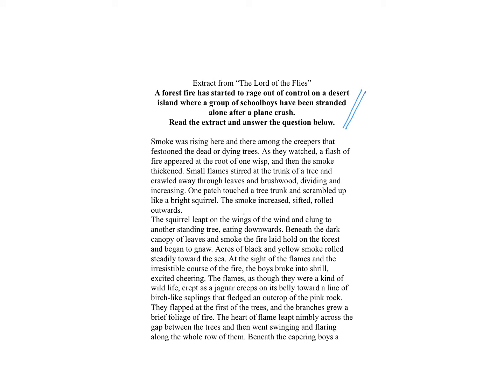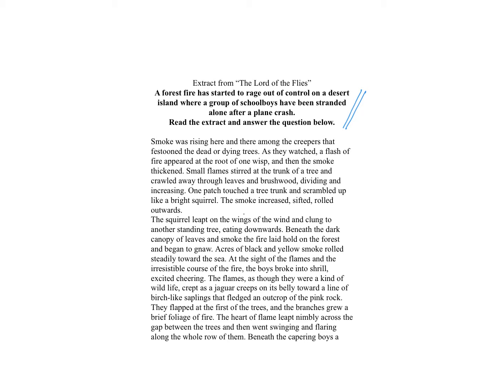Smoke was rising here and there among the creepers that festooned the dead or dying trees. As they watched, a flash of fire appeared at the root of one wisp, and then the smoke thickened. Small flames stirred at the trunk of a tree and crawled away through leaves and brushwood, dividing and increasing. One patch touched a tree trunk and scrambled up like a bright squirrel.